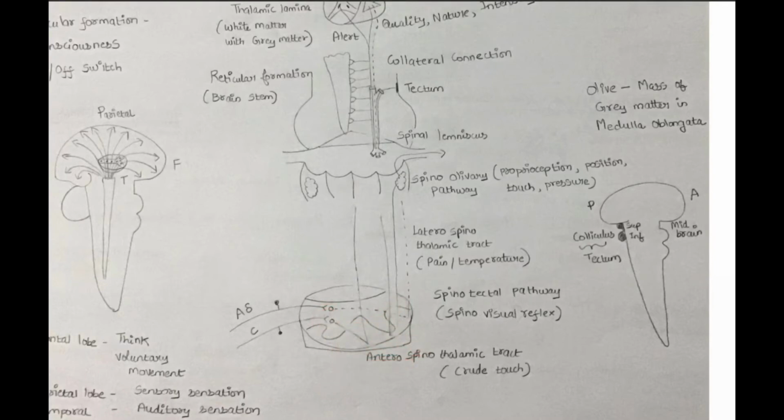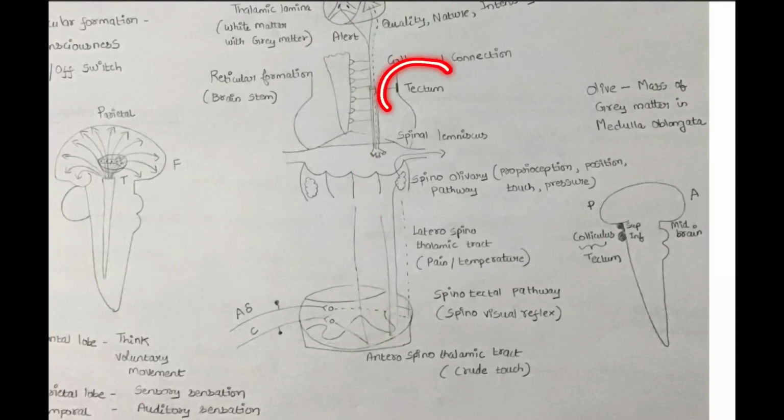From these branches, some sensory nerve fibers go from the spinal cord to the tectum. The tectum is located in the midbrain. As it goes from the spinal cord to the tectum, it is known as the spinotectal pathway.